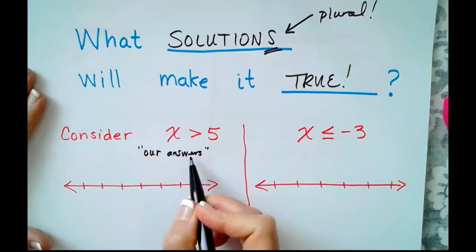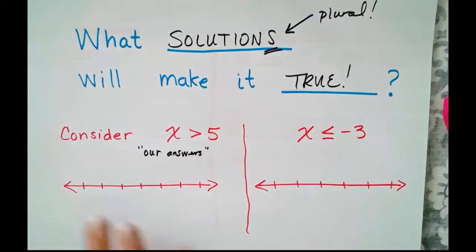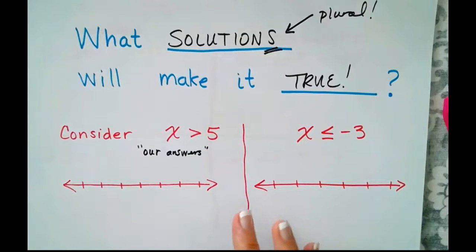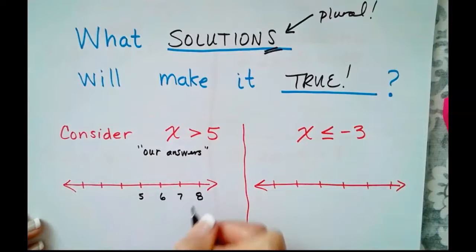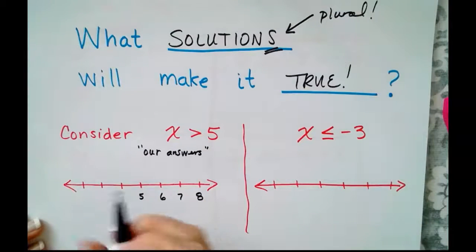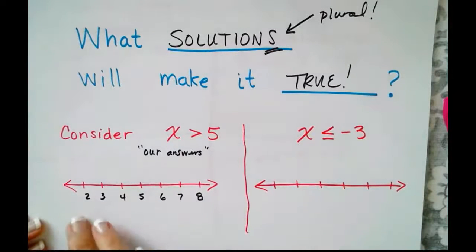Our answers are greater than 5. So if x represents our answers and we want to graphically show the solution set, illustrate that on the number line, then I'm going to put 5 right in the middle: 5, 6, 7, 8. Remember, we read from the left to the right, so be sure that your number line gets bigger from the left to the right. So 2, 3, 4, 5, 6, 7, 8.